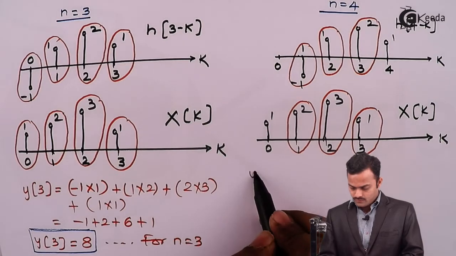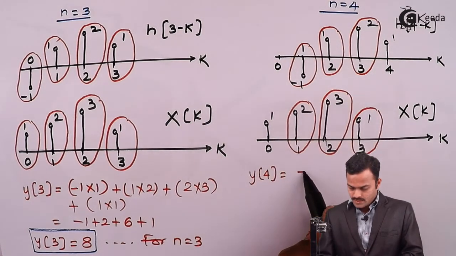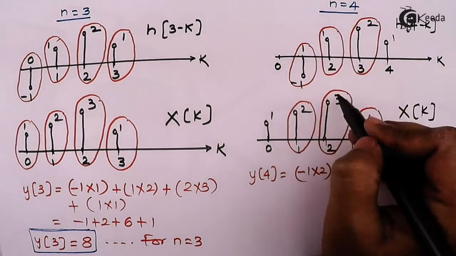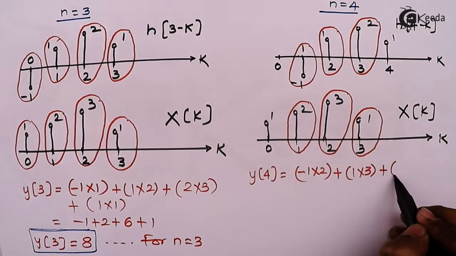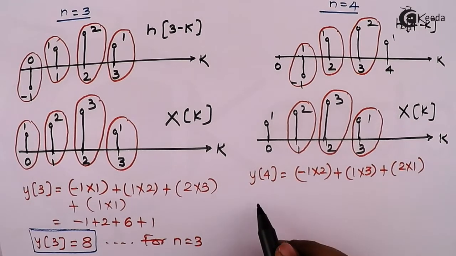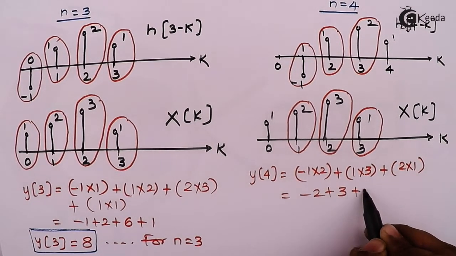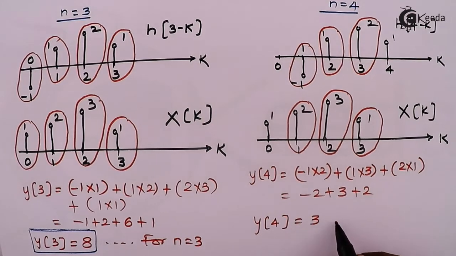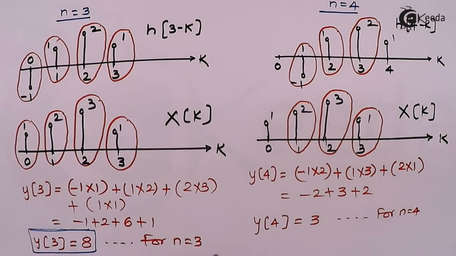So y of 4 we will get minus 1 into 2 plus 1 into 3 plus 2 into 1, which is minus 2 plus 3 plus 2, and solving this we will get y of 4 as 3 for n equal to 4.